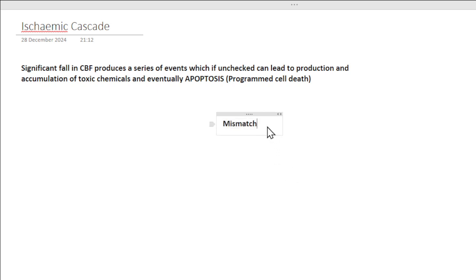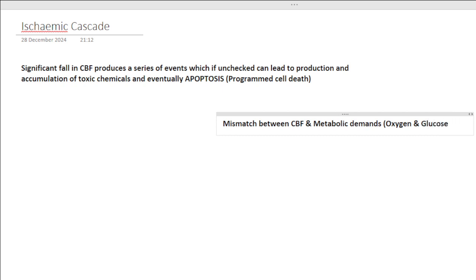Okay, so what is happening? A mismatch between cerebral blood flow and metabolic demands. Metabolic demands mean oxygen and glucose. Clear?